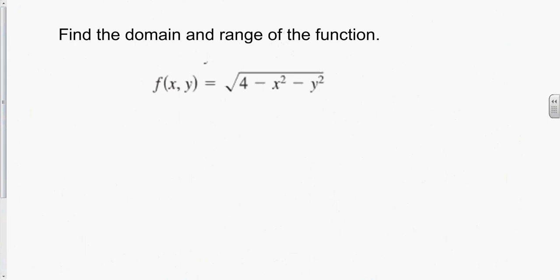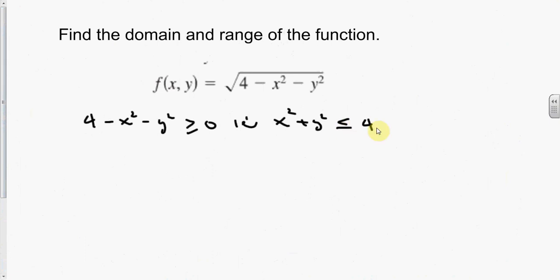Find the domain and range for this function. The domain would be what's in that radical would have to be positive. So you know that 4 minus x squared minus y squared has to be greater than or equal to 0. I'm going to add x squared plus y squared on both sides. So x squared plus y squared is less than or equal to 4.